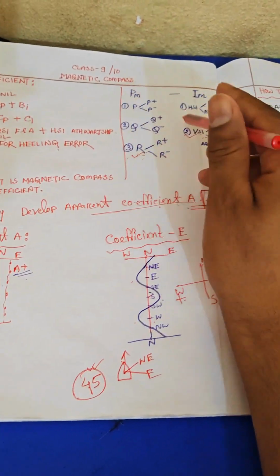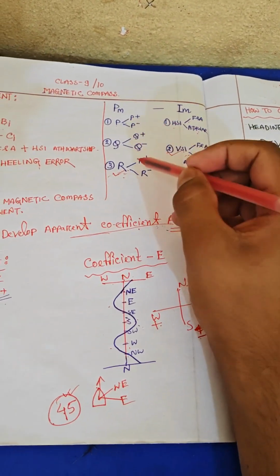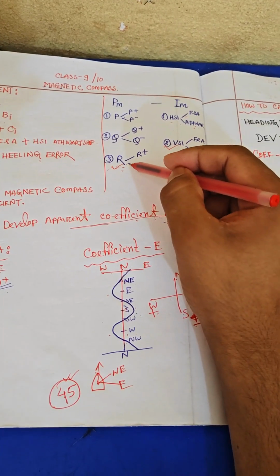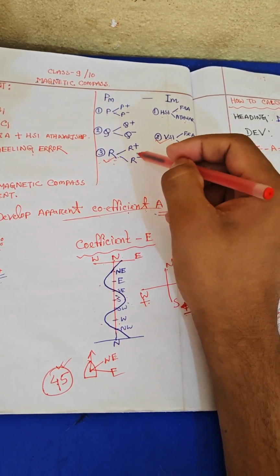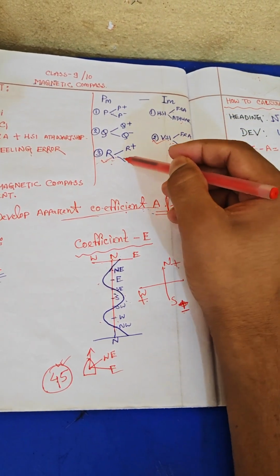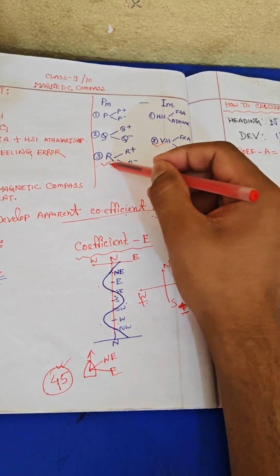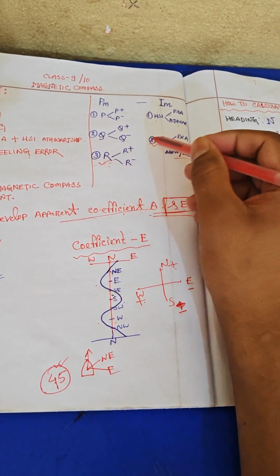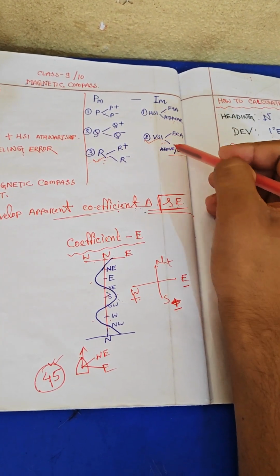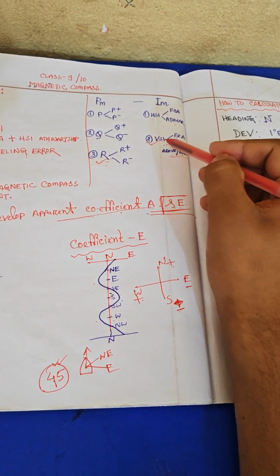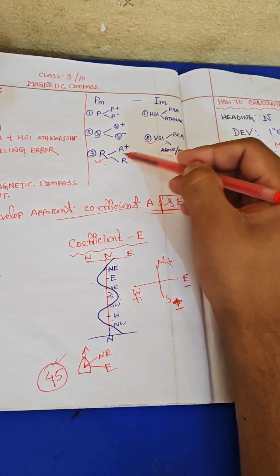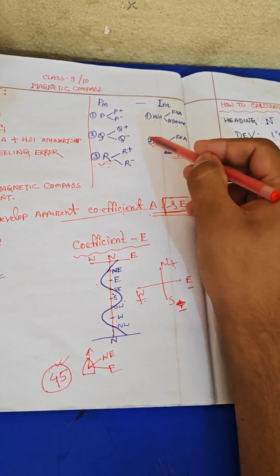So I think, guys, you remember that in permanent magnetism I left this R force. I told you I will discuss this later on because this is for the vertical component. This force is for the vertical component, and here BSI above or below, this one also I left. So these two are the reason for heeling error.